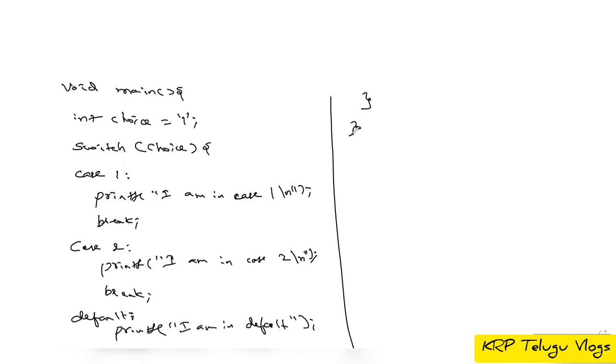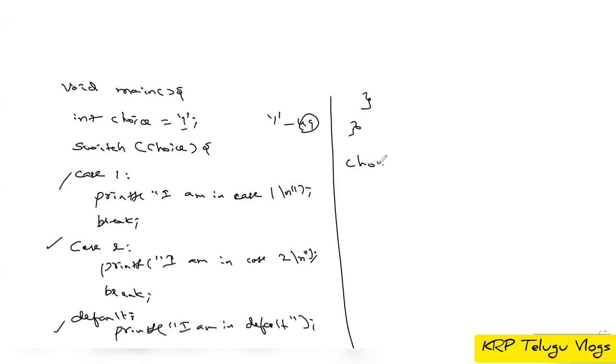What will it print? I am in case 1? Why I am in case 1? I am in default, sir. Why I am in default? Its value is 49, very good. Here I have given character 1. The ASCII value of character 1 is 49, and there is no case 49, so it will go to default. Note down this.